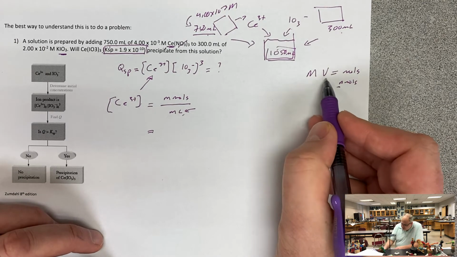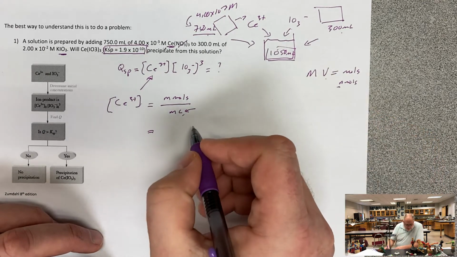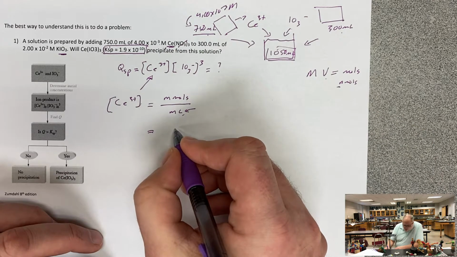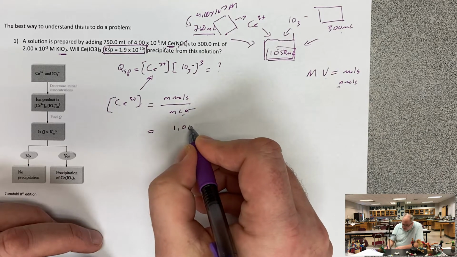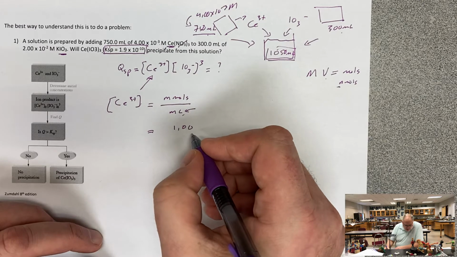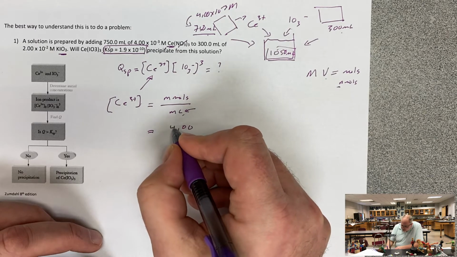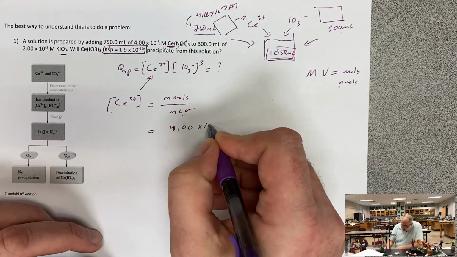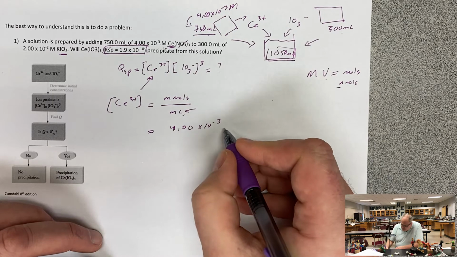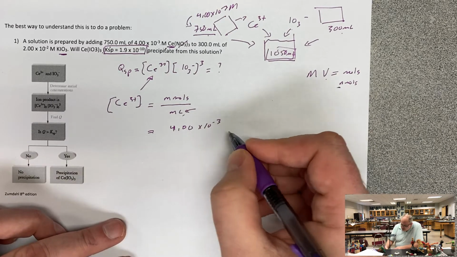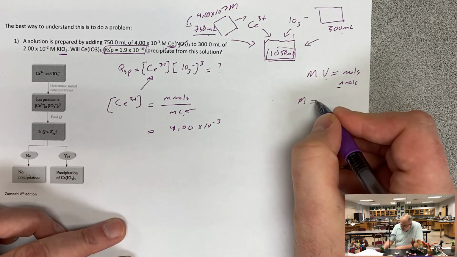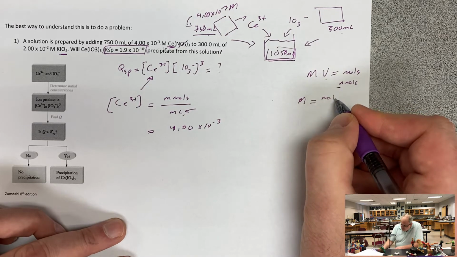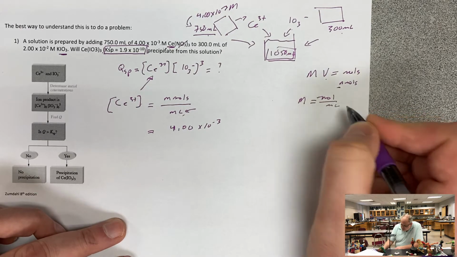We're going to take our molarity and our volume, and our molarity happens to be 4.00 times 10 to the negative 3 molar. Now, to be really clear, do you understand that molar is equal to moles or millimoles per milliliter?